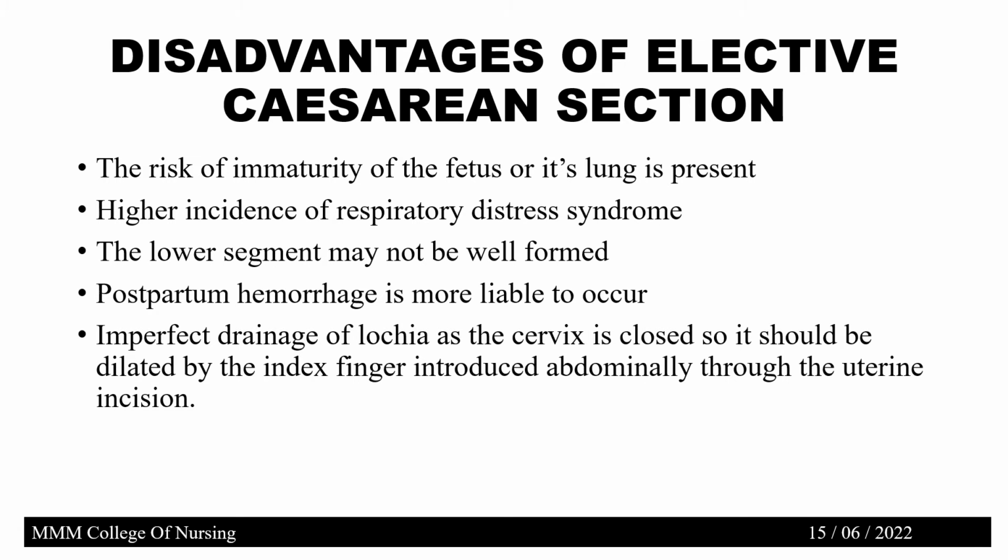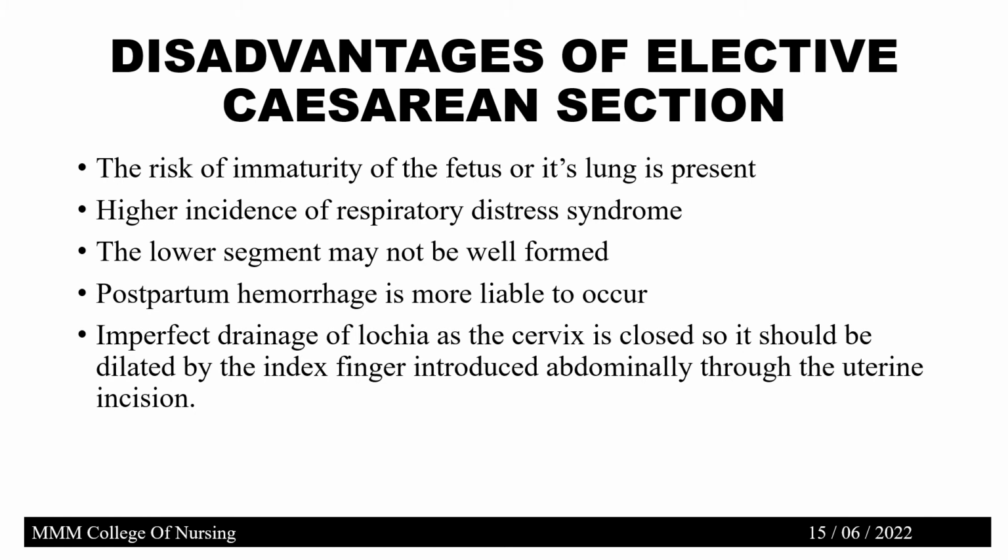Next is the imperfect drainage of lochia. Here we are not delivering the head through the normal birth passage. We are cutting open the uterus and delivering the head, and so the cervix is closed.